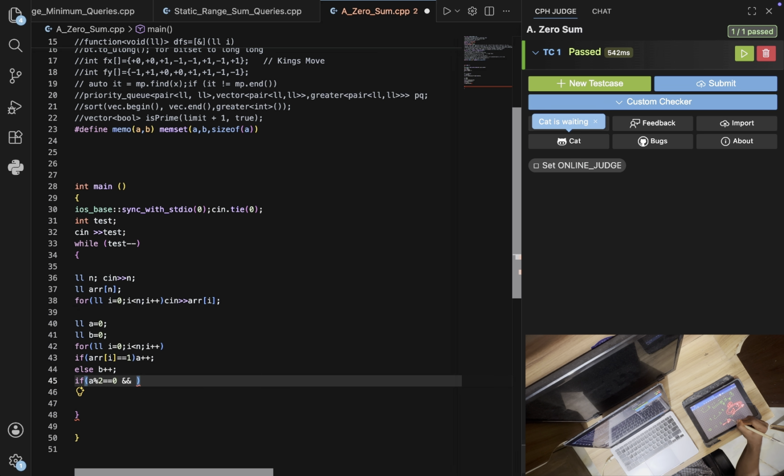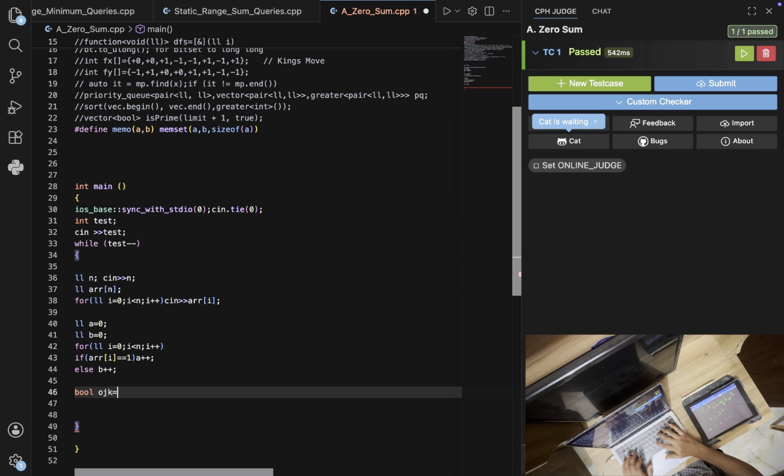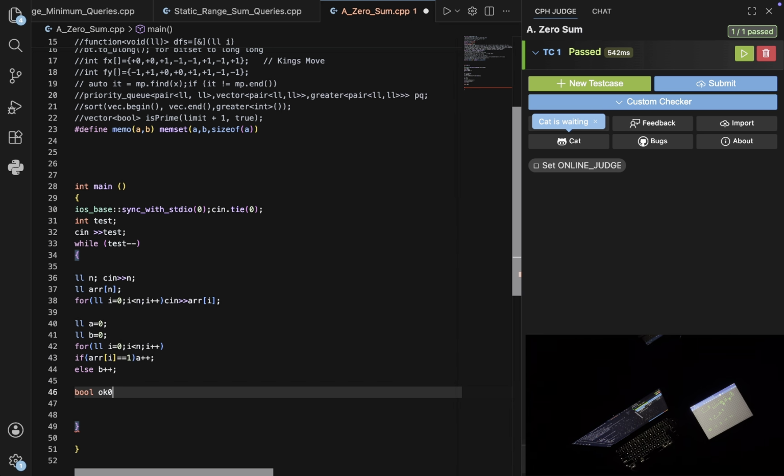Number of pairs should be exchangeable. Nice.